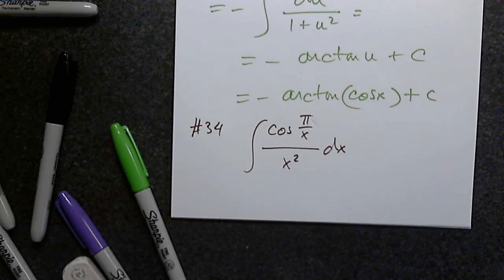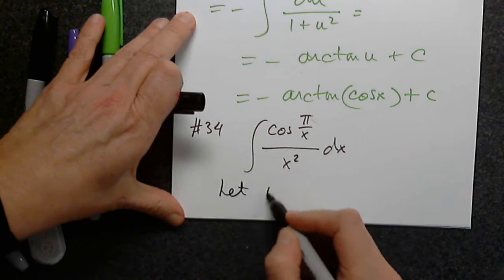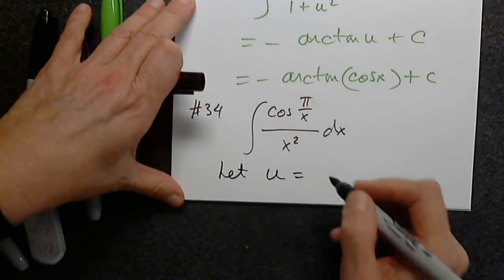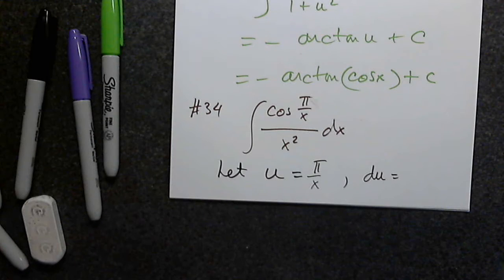Okay. What don't you like here? Pi over x. I don't like pi over x. I like cosine, but I don't like pi over x. So I will say let u be pi over x, as long as du is in the problem.